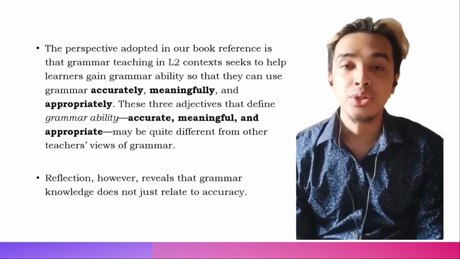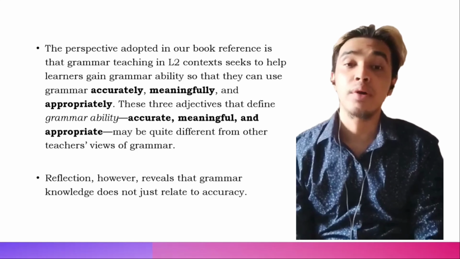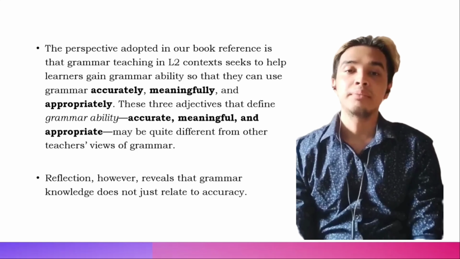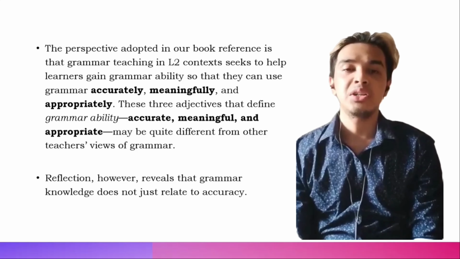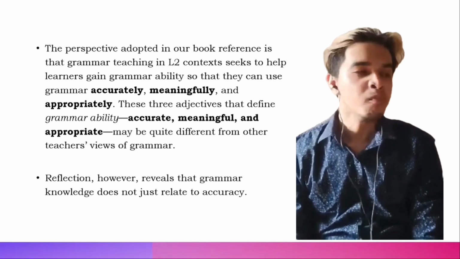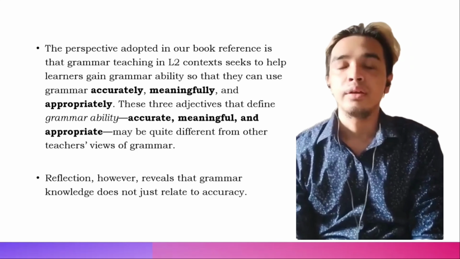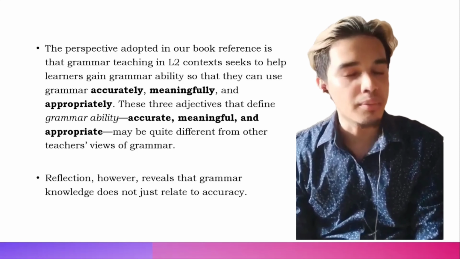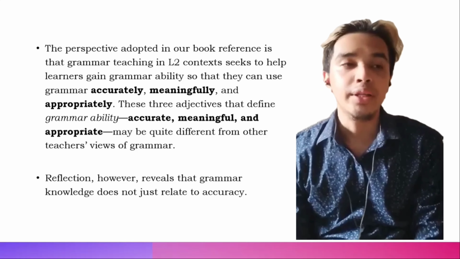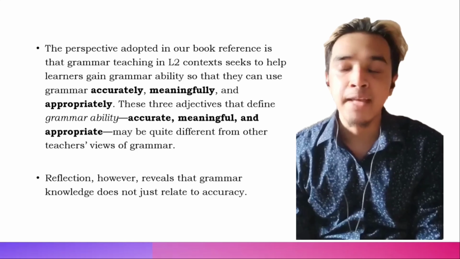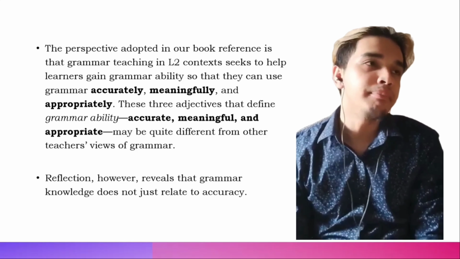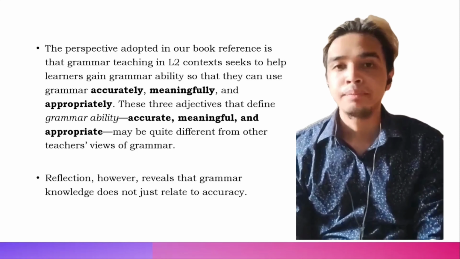These three adjectives that define grammar ability, accurate, meaningful, and appropriate, may be quite different from each teacher's use of grammar. This bullet states the purpose of teaching grammar and how it can help the learners to use grammar accurately, meaningfully, and appropriately.